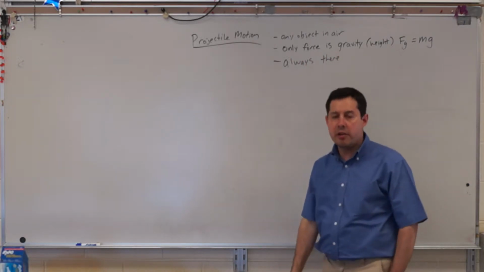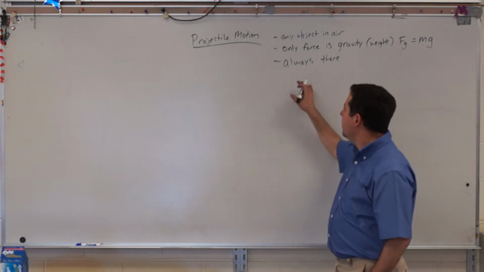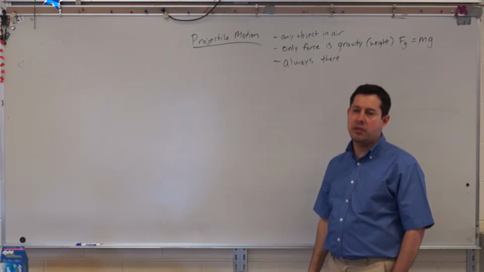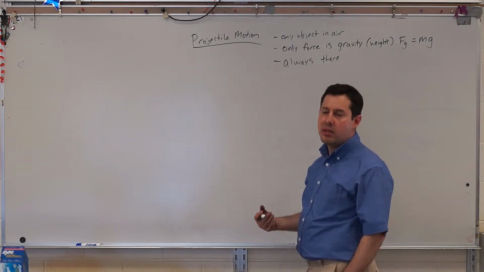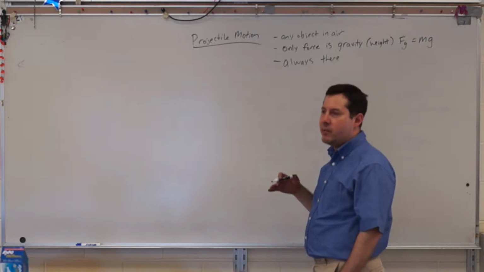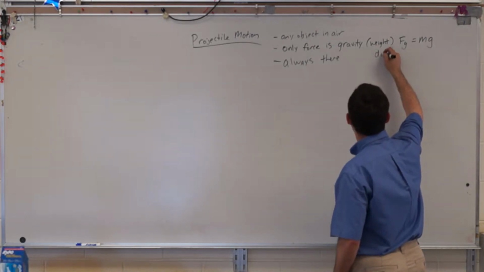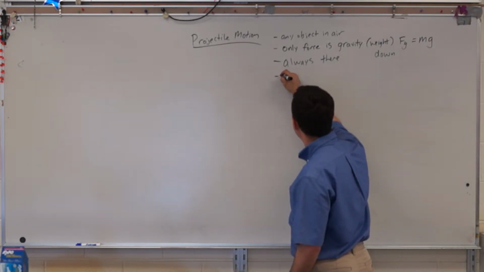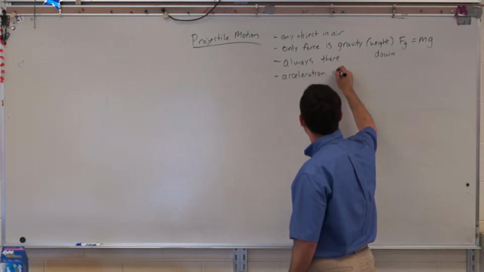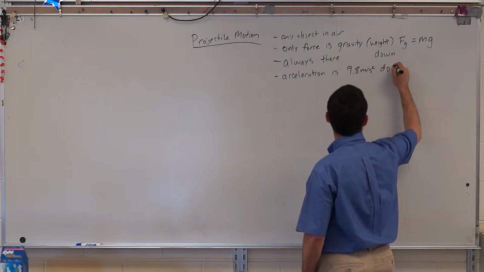So it doesn't matter where you go, no matter where you are in your path, you're always going to have the force of weight pulling down on you, the force of Earth's gravity. The acceleration we've talked about as well is also 9.8 meters per second squared. But directions become important. So the force is always acting down, and acceleration is 9.8 meters per second squared down.